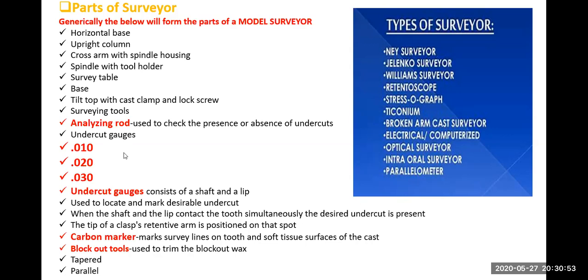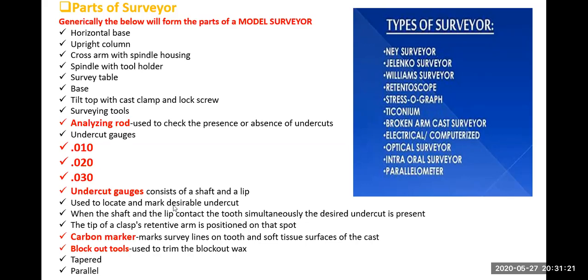These gauges are 0.010, 0.020, 0.030. It depends on the degree of undercut. So the analyzing rod will help you to know the most bulbous area and be able to define the undercut area and non-undercut area, while the gauges will tell you the degree of the undercut.